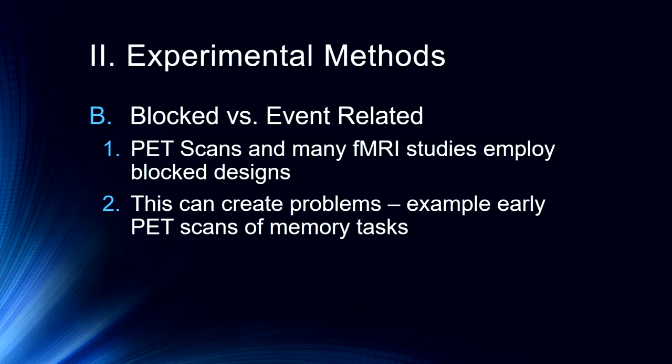The problem with PET scan is they have to present blocks of old items and blocks of new items. Whereas in a basic behavioral study, let's say you studied 50 words, you get 100 test items in random order. So you get an old item, 2 new items, 3 old items, 1 new item, etc. Whereas in the block design, it's 10 old items, 10 new items.